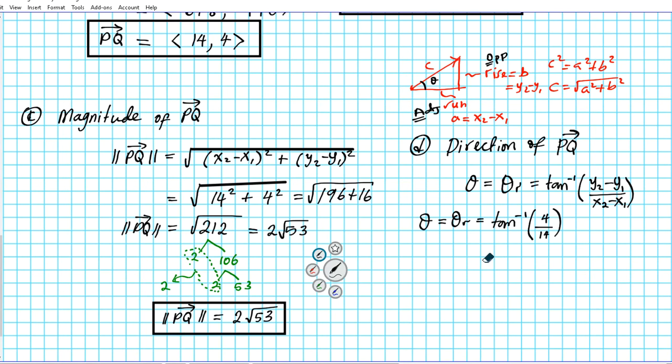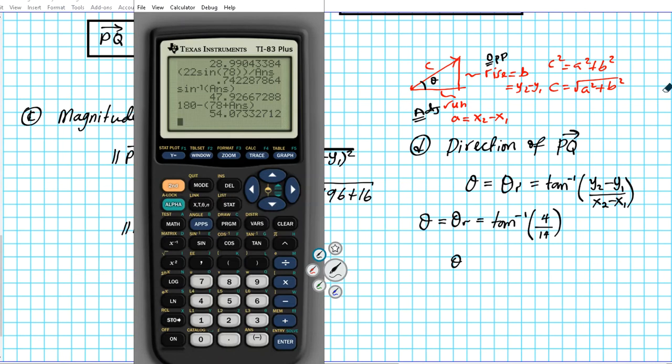All right, so let's just go ahead and plug that into our calculators, and then we can determine what the direction is. All right, so let me make sure my mode is correct. Yes, it is. So we're looking at, let me clear that, the inverse tangent, second function tan of 4 divided by 14.